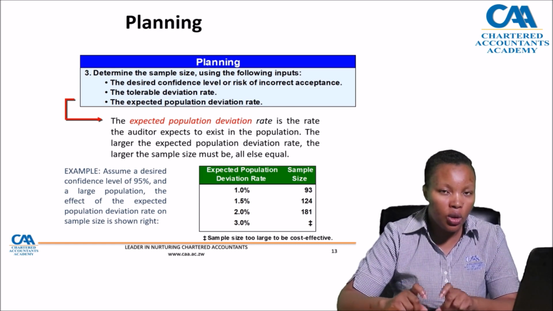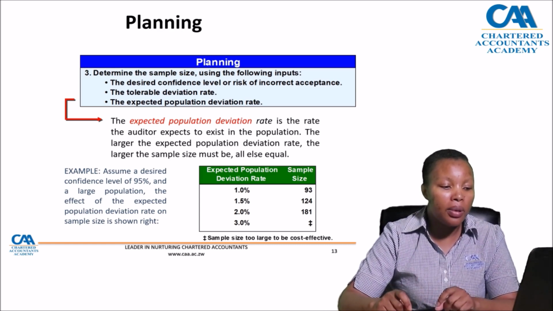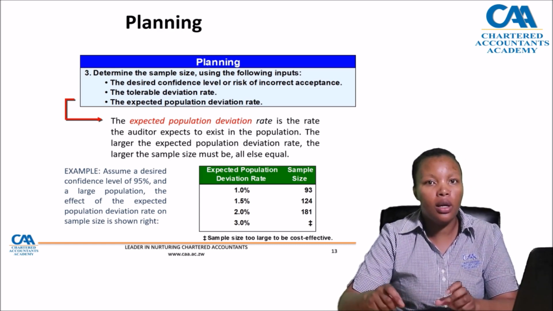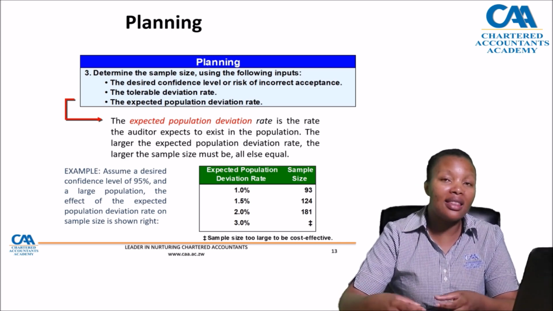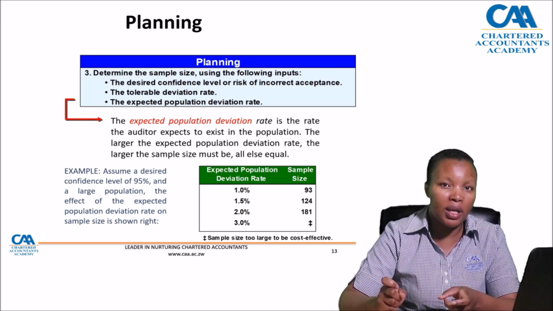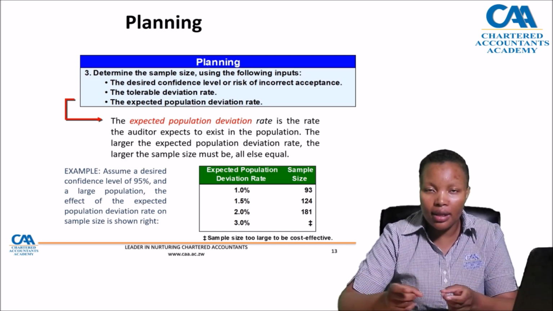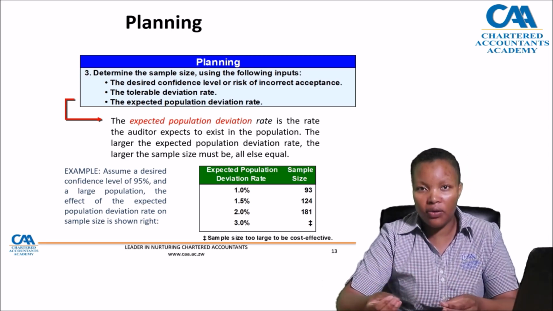However, you can get to a point whereby the sample size is too large to be cost effective. Yes, you might be expecting a 3% deviation, that the controls in the entire population are not working effectively.